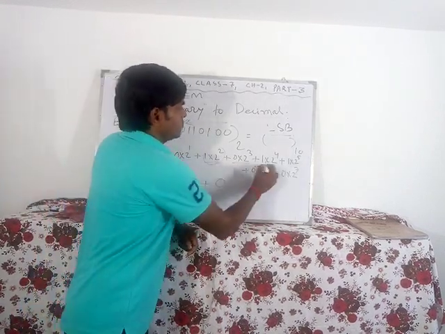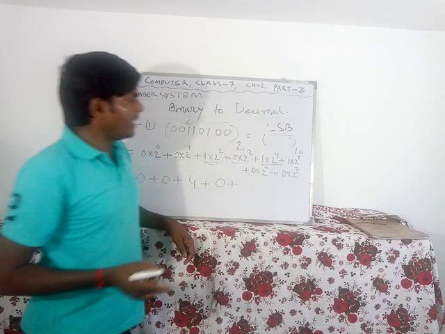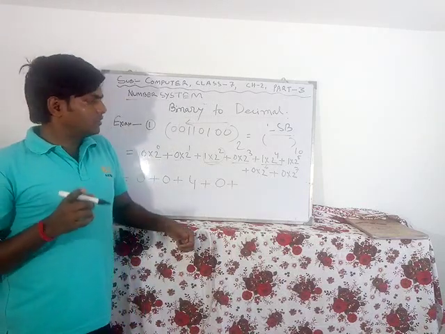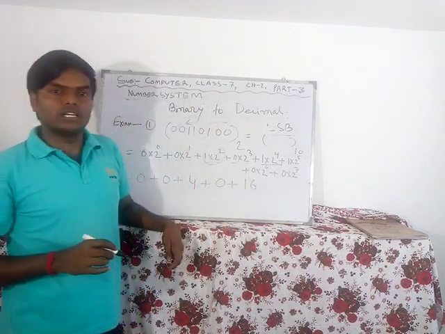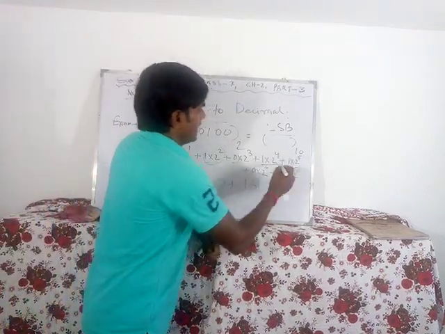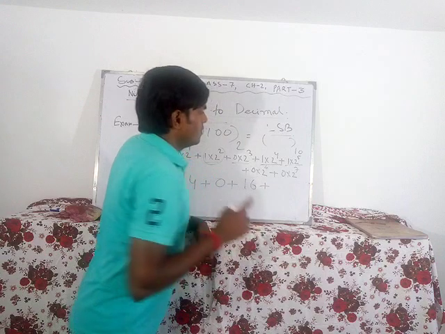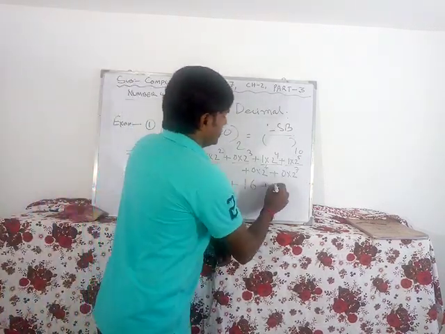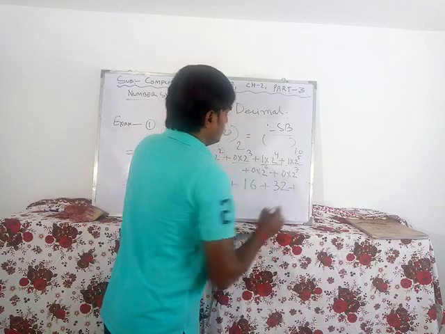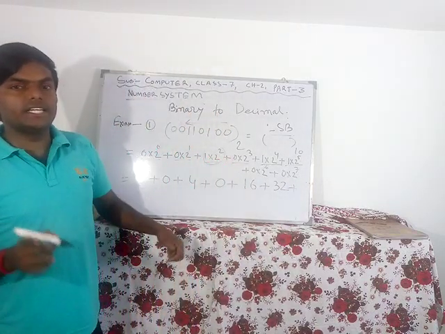Next part, plus 1 into 2 power 4, which gives 16. Again plus 1 into 2 power 5, which means 32.